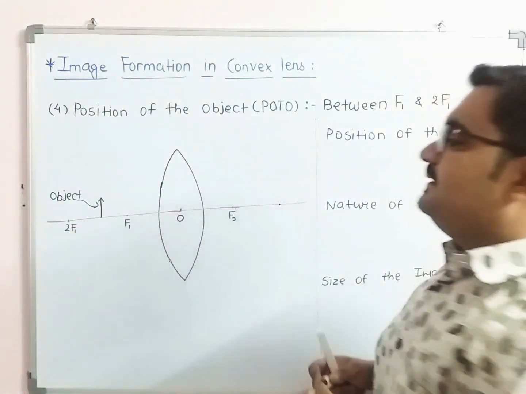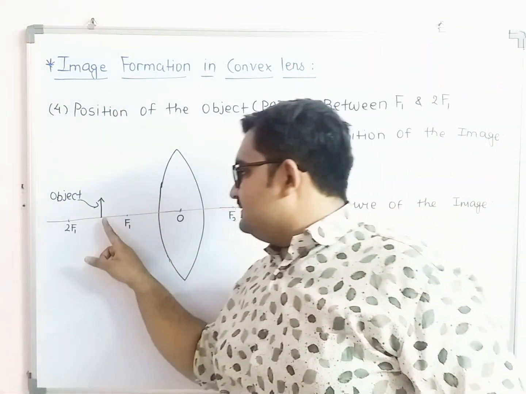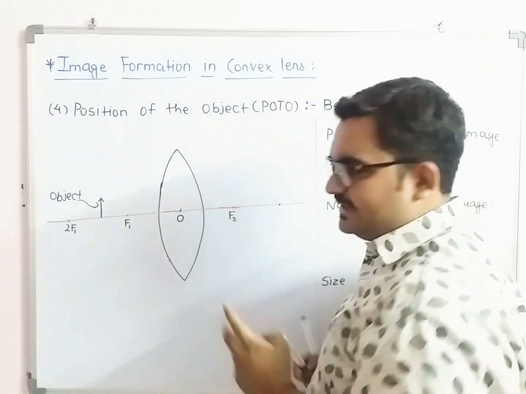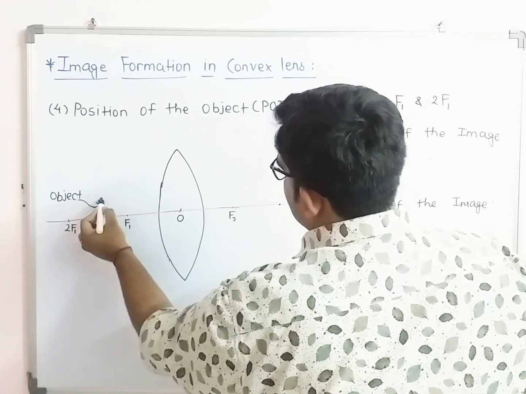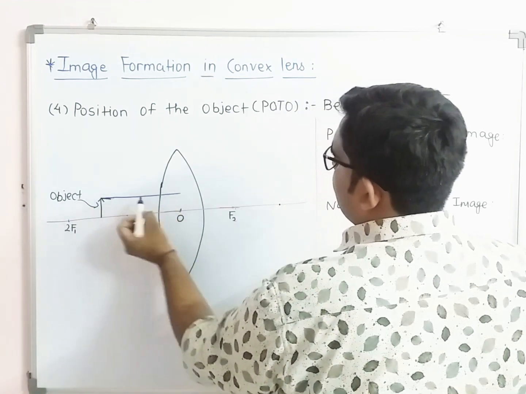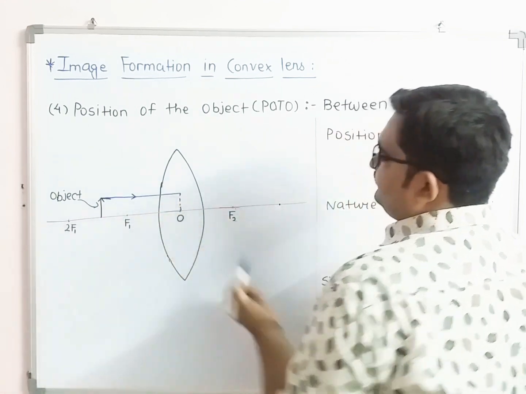So here you can see it is the object. Now we make this object's image. So I get two rays. The first one is parallel to the principal axis.